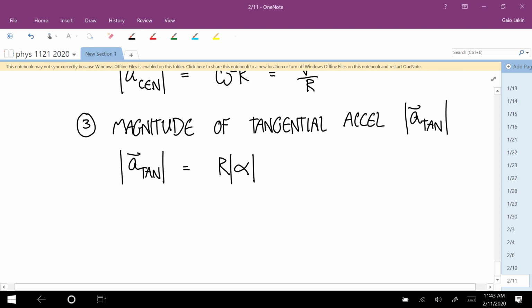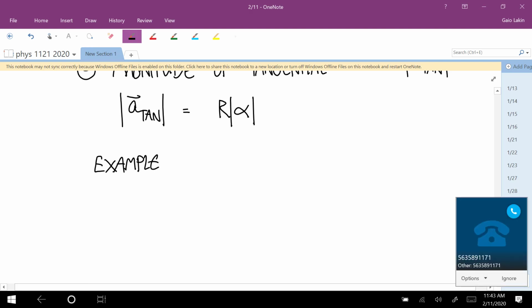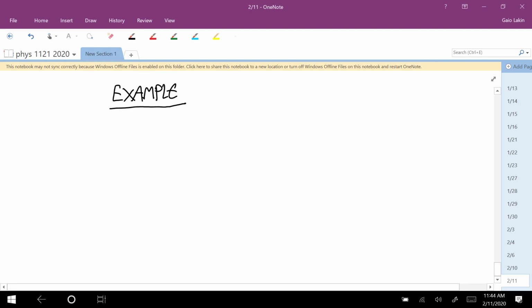Let me do a quick example problem. Okay, so let's say that you have this circular motion and the radius of this circle is 0.1 meters. And this is the point that we care about. That's where the object is at the point we care about.